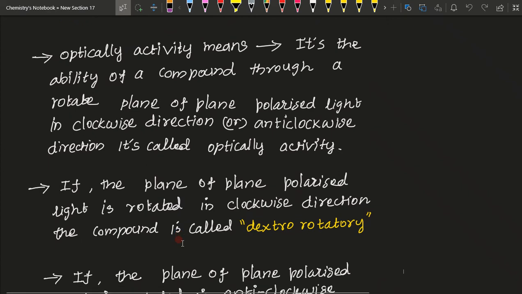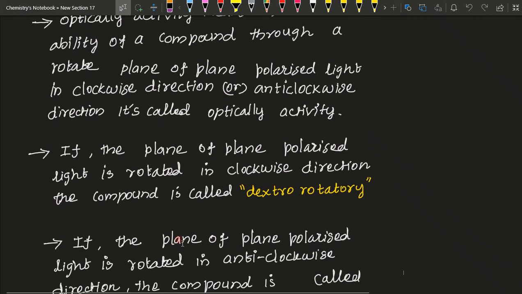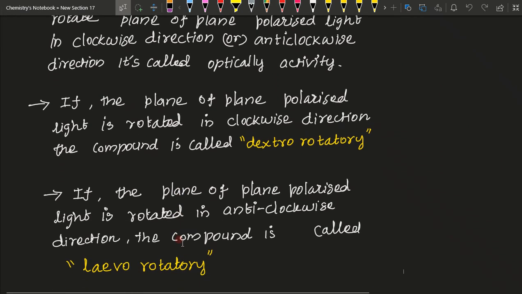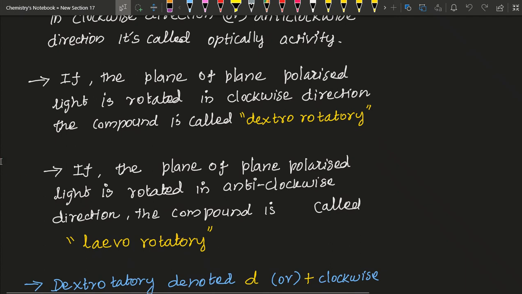Next, if the plane polarized light is rotated in a clockwise direction, the compound is called dextrorotatory.